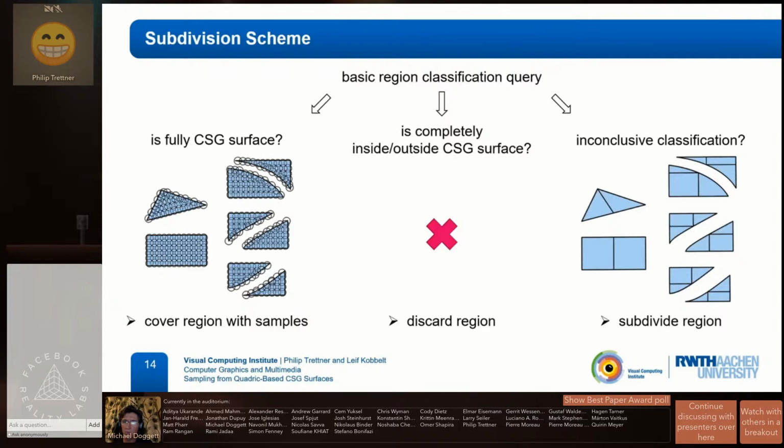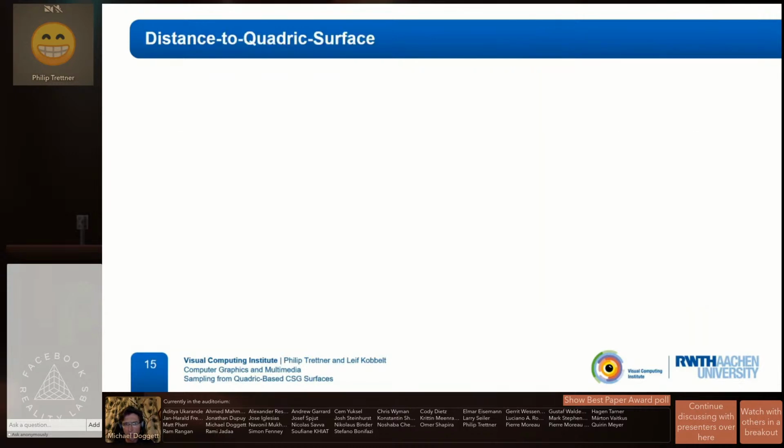Still, there is the question how the basic regions are actually classified, and the basic ingredient for that is a distance query, a distance to quadric surface. In general, this is a really challenging problem. For spheres, there are closed form solutions, but even for ellipsoids, one typically has to use an iterative scheme to get to an accurate solution.